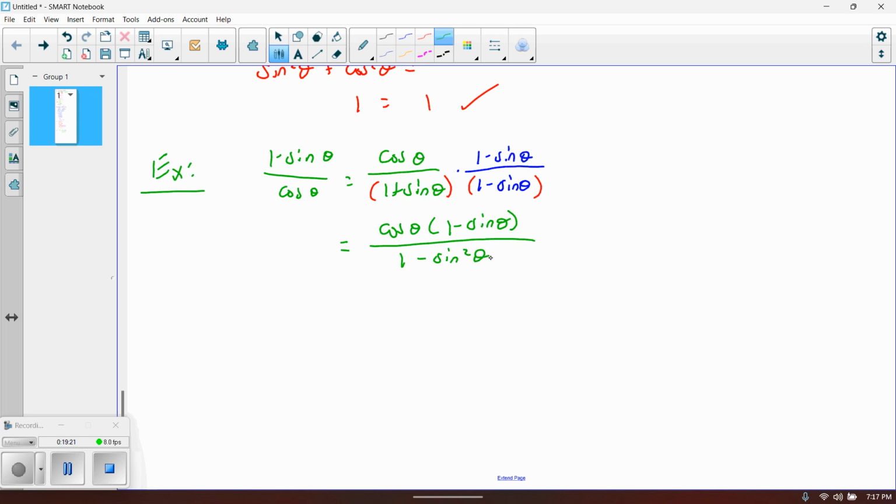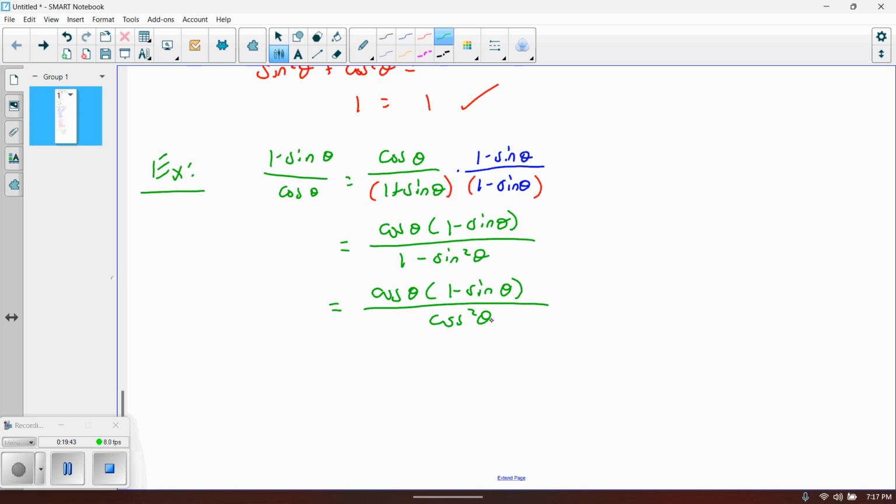Okay, and the nice thing about that is that 1 minus sine squared of theta comes from the Pythagorean identity, which is just cosine squared of theta. So we have cosine theta times (1 minus sine of theta) over cosine squared of theta.